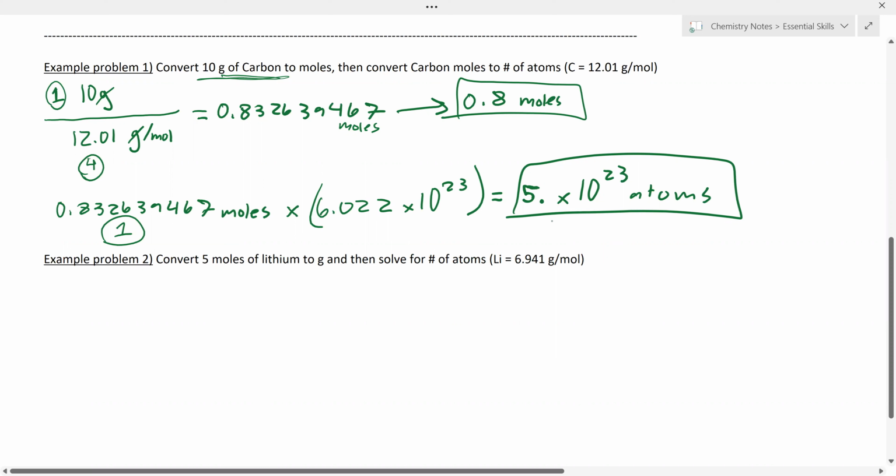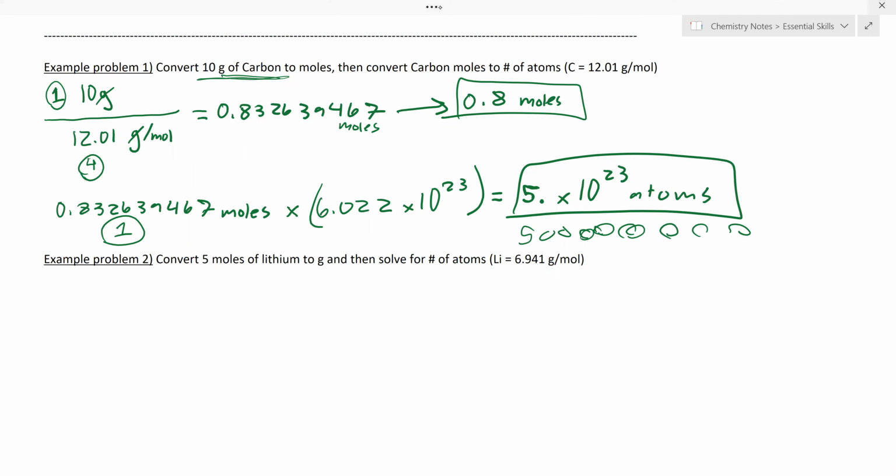If you multiply that number out, you get a crazy number. If we put 5 times 10 to the power of 23 in our calculator, it's going to be a 5 followed by lots of zeros, because that 23 is moving the decimal. Remember, because it's positive, it moves to the right 23 places, so it's a huge number of atoms. Atoms are really tiny.